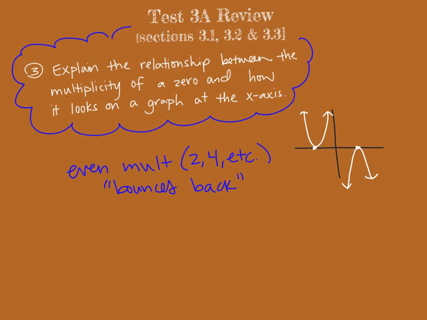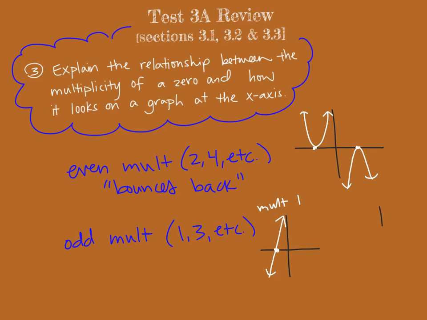And then if we have an odd multiplicity, like 1 or 3, or 5 or 7, but we really have only dealt with 1 and 3. Those are the most common. I'm going to do one of each. So a multiplicity of 1 and 3, they're similar in that they cross the x-axis at that 0. But a multiplicity of 1 crosses straight through. So that 0 has a multiplicity of 1.